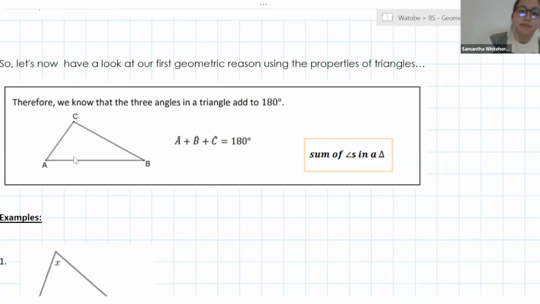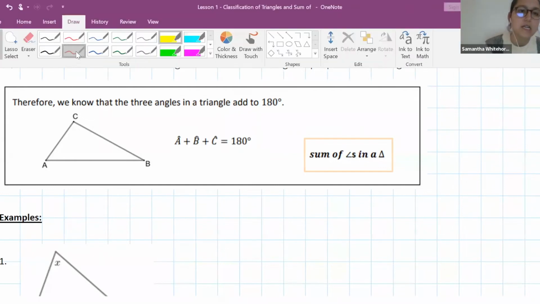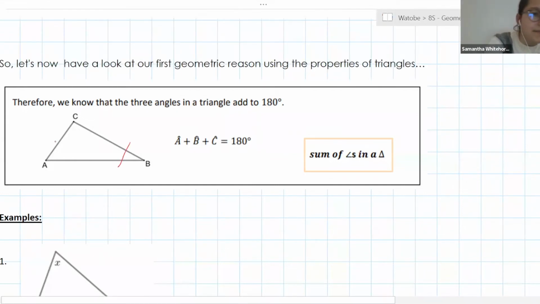Now, basically, this is because if you imagine I took scissors and cut all of those angles and then put them all together, they would actually form a straight line. And so because of that fact, when I add them all up, I must get 180 degrees.